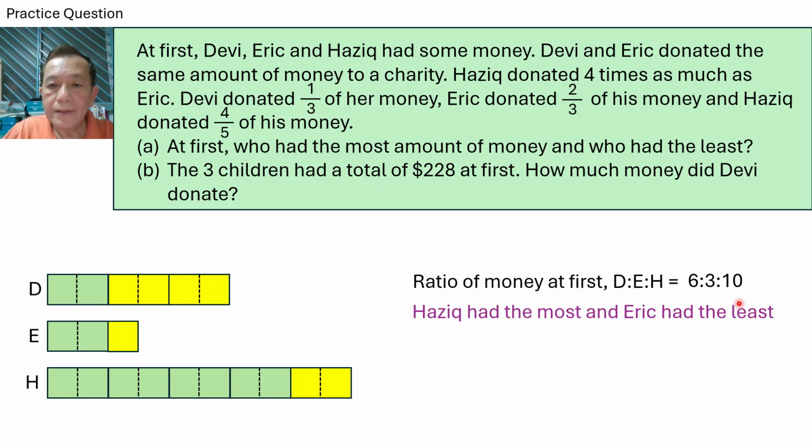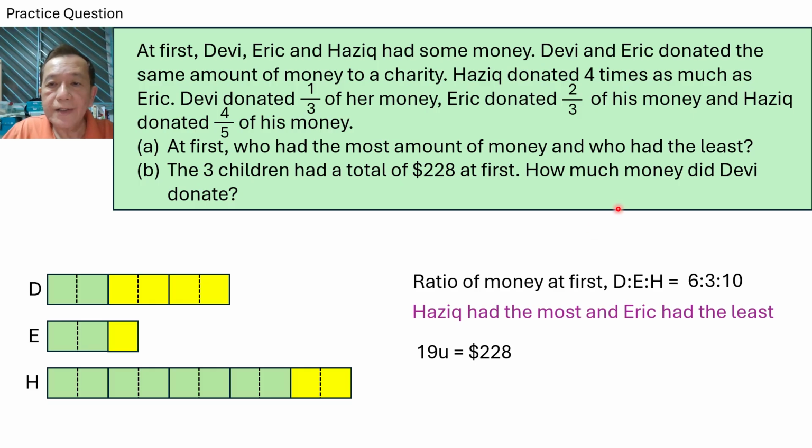Haziq had the most and Eric had the least. The three children had a total of $228 at first. Total. At these three, we have 19U equal $228.